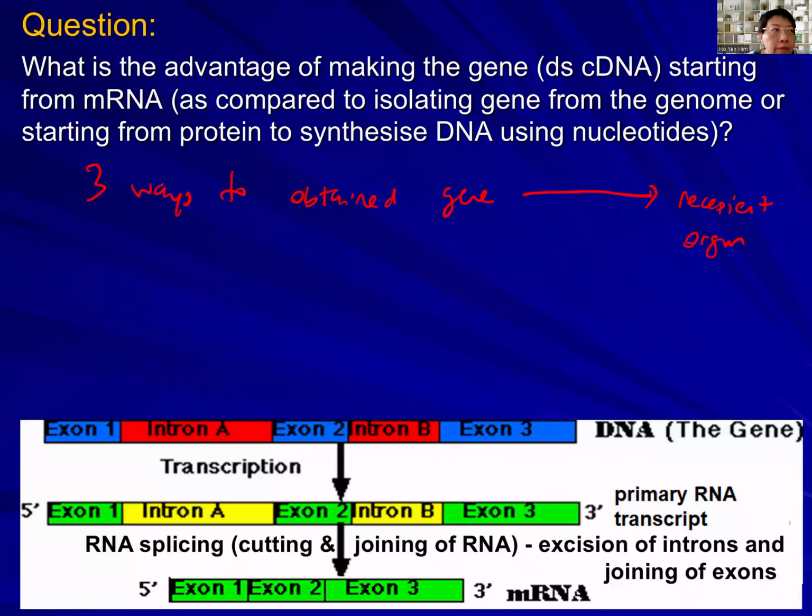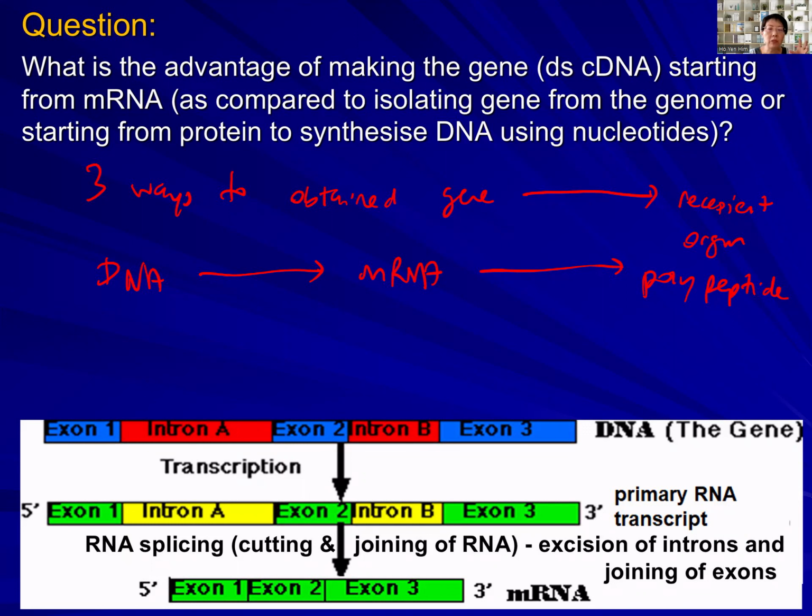Based on the gene expression, from DNA, transcription into mRNA, translation into the polypeptide, there are actually 3 ways we can obtain the gene.